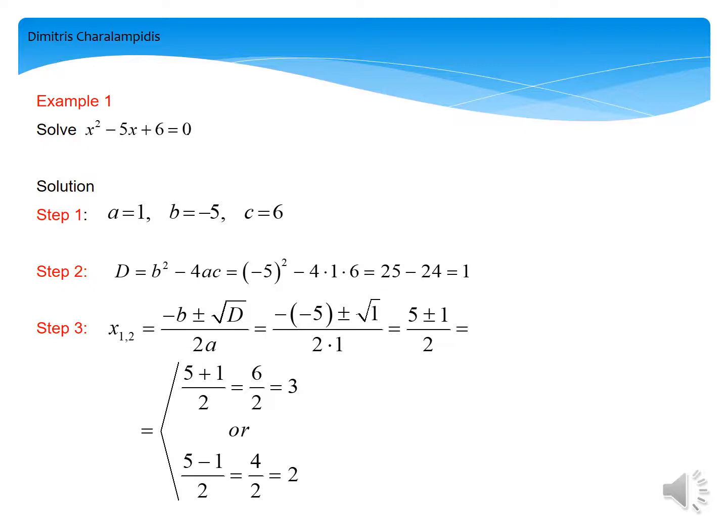The first one would be 5 plus 1 over 2, which is equal to 6 over 2, which is equal to 3. And the second one would be 5 minus 1 this time over 2, which equals 4 over 2, which is equal to 2. So, to answer our initial question, the solutions for this equation are the numbers 3 and 2.